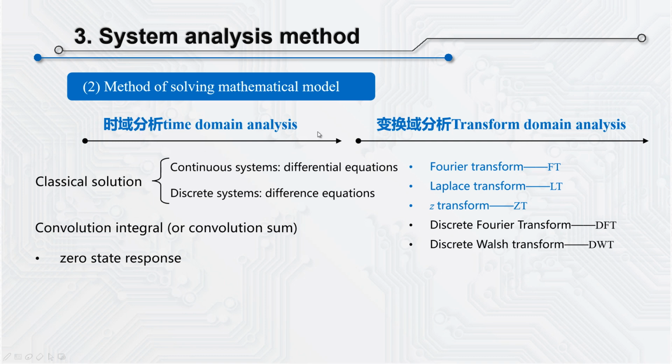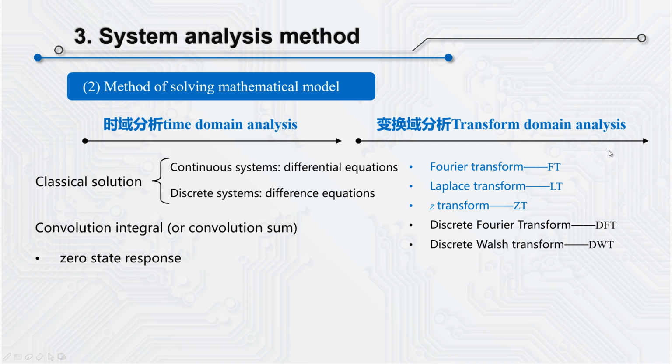We normally use the classical method to do time domain analysis. Continuous systems are solved by differential equations. Discrete systems are solved by difference equations. When solving the zero-state response of a system, you can also use the convolution integral or convolution sum.